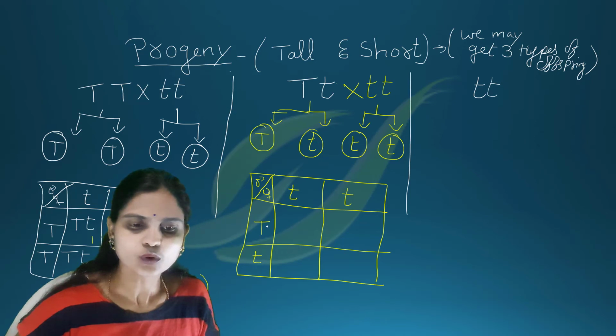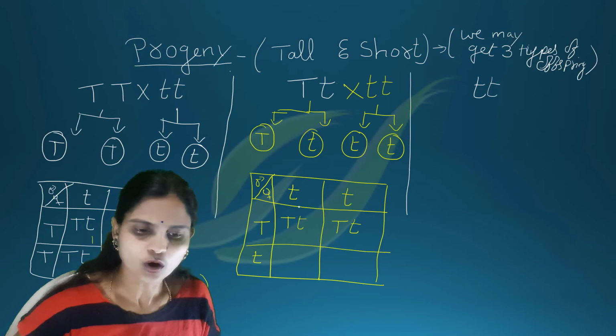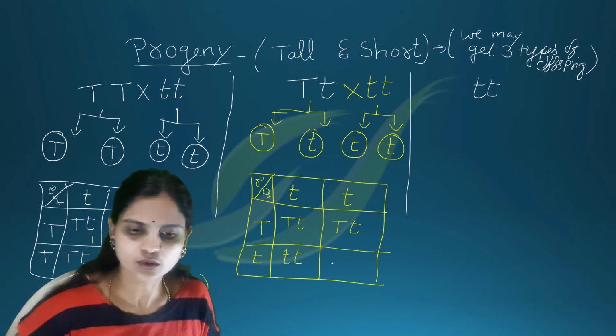If you cross these two, you are going to get capital T, small t, and here also capital T, small t, and here small t, and this with this you are going to get small t, small t.